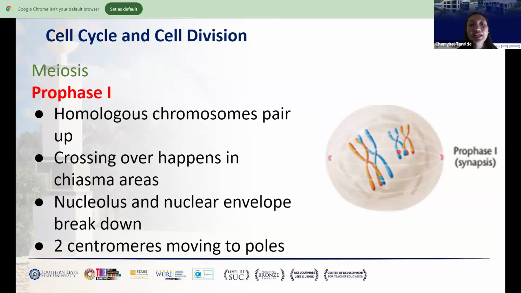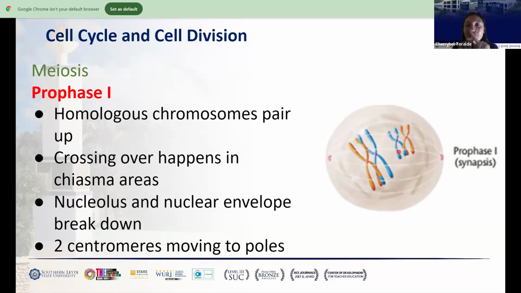Okay. So, what happens in the prophase 1? Basically, parang pare-pareho lang din sa mitosis, mawawala yung nuclear membrane, nucleus, ganon. Pero, what is distinct here is that your homologous chromosomes pair. When you say homologous chromosomes, these are your similar shape, similar size chromosomes coming from your mother and your father, and then they will pair up because they will do crossing over.